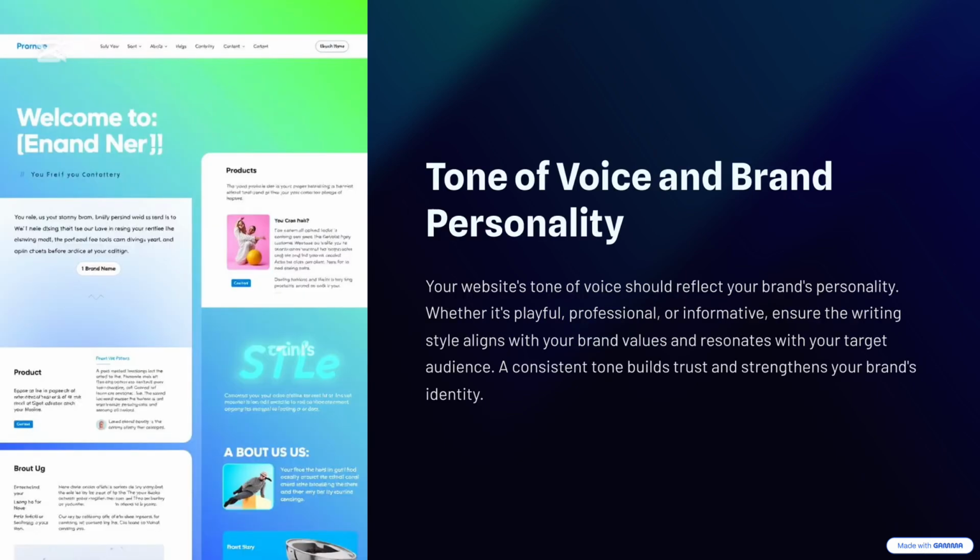Lastly is your website's tone of voice. You have to understand whether it is playful, professional or informative, and make sure that your website follows this tone. You have to make sure that the tone aligns. You can use a professional, informative voice if maybe you are doing fintech, something that requires a high level of intelligence.